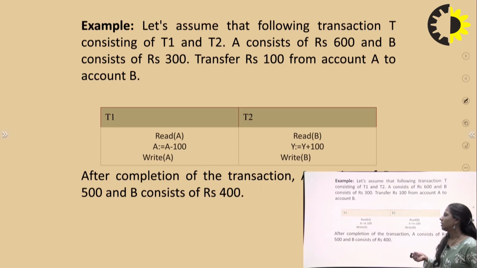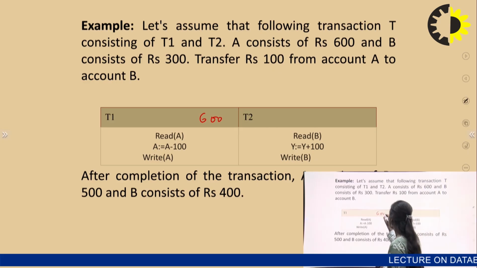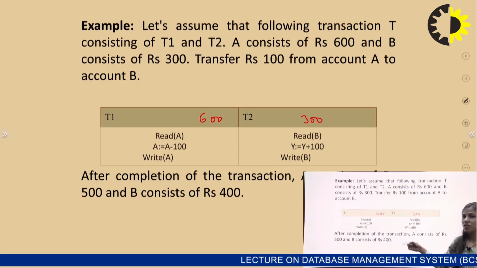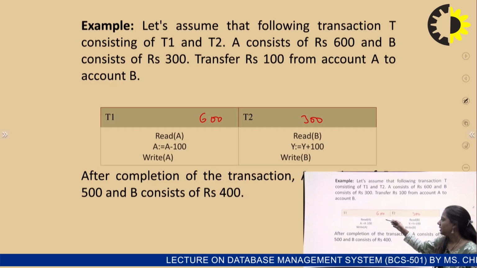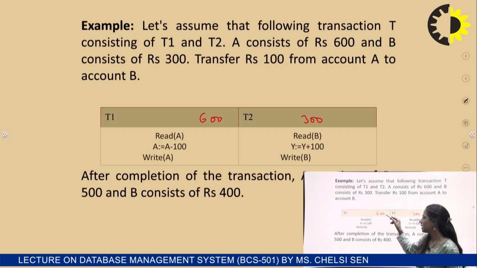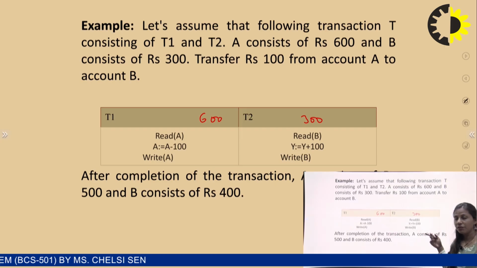Similarly, T1 is transferring an amount to T2. A holds the amount 600, and B holds 300. These are the various operations. We are reading the values. Over here we read the value 600, then we do 600 minus 100, then we perform the write operation. Over here we do the same thing. These are two different transactions.